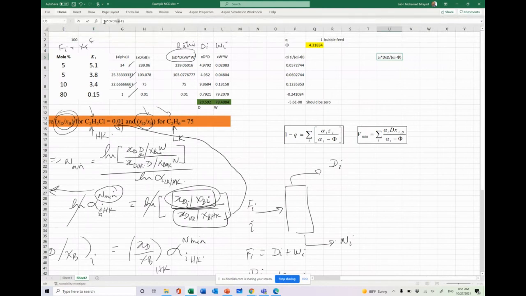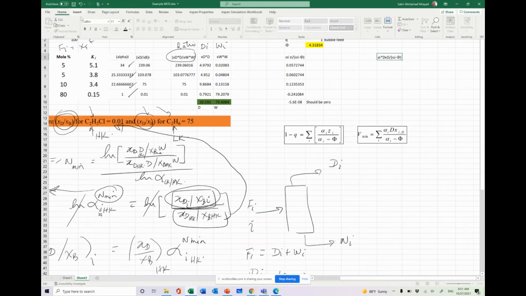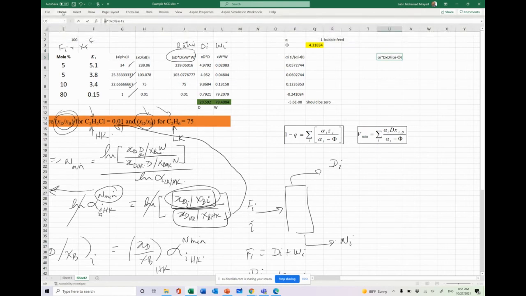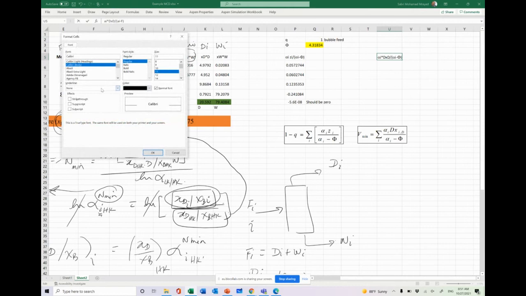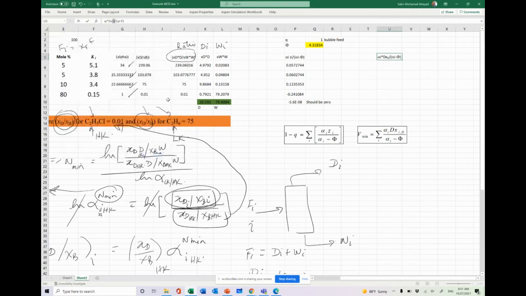We want to do it for this one as well. We want xd here to be a subscript, just to make it a little easier to understand and look a little more reasonable. That's it.